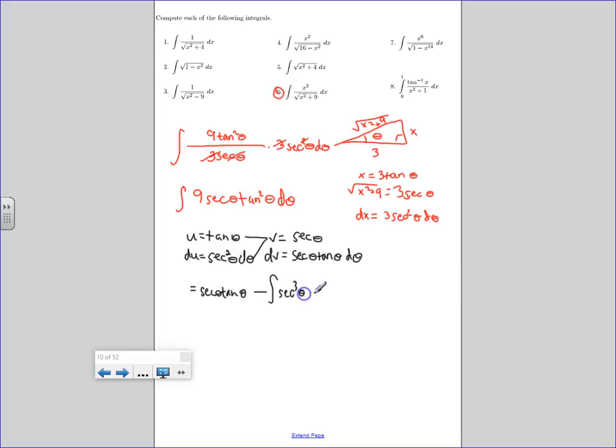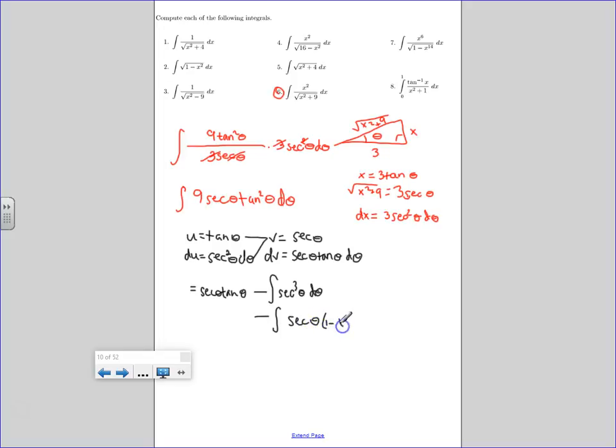We still have to erase the... No, not exactly. Didn't you notice on yours, Gerardo, that we could take a secant squared and make it 1 minus tangent squared? So we can separate secant from secant squared.